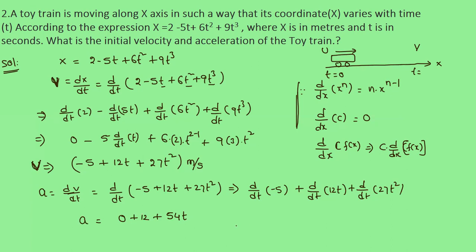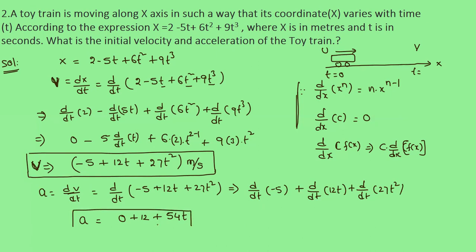These are the values we get, and we got the answer in terms of equations only. We still don't have numbers because the time is not mentioned; it is just t. So acceleration is in meters per second square.